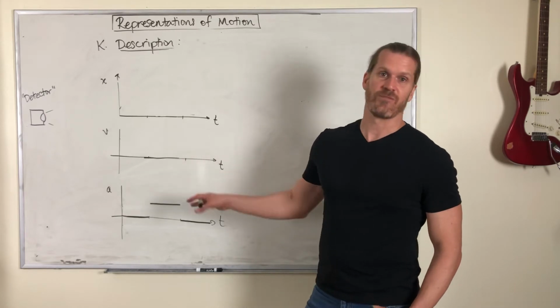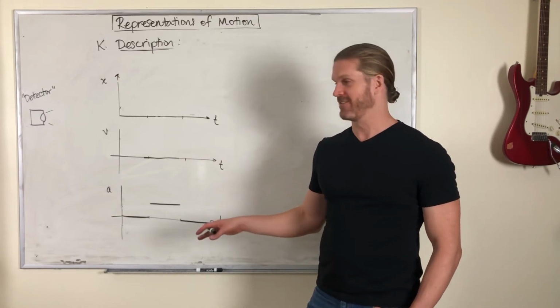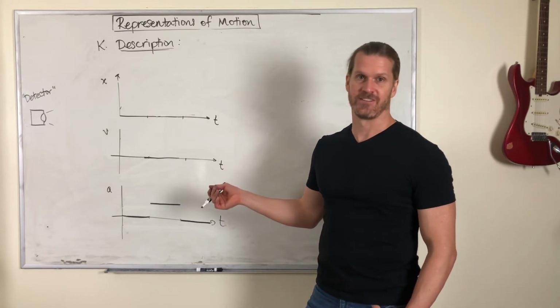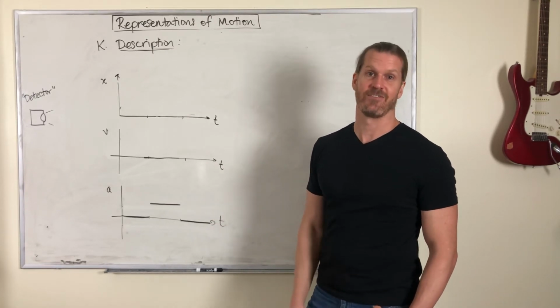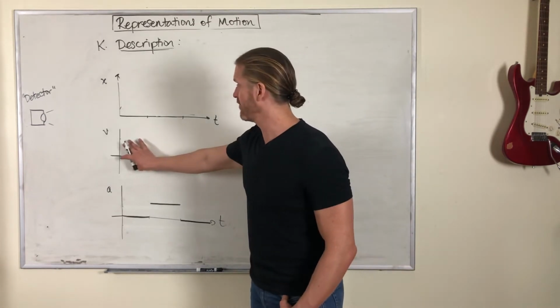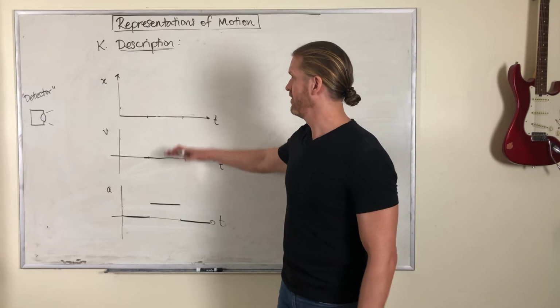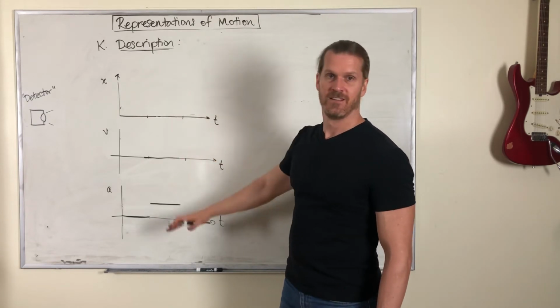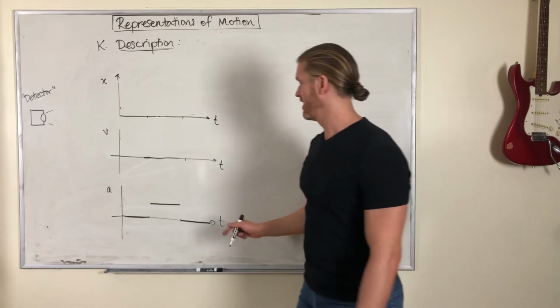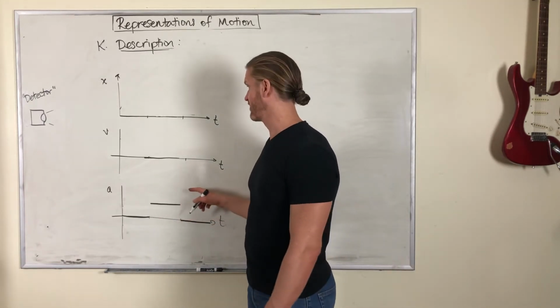Now, there are several different ways you can answer this question. In fact, there's kind of an infinity of ways you can answer this question. Whatever you draw on your velocity graph, you could shift it up and down, keeping the graph the same shape, and it would still be correct.